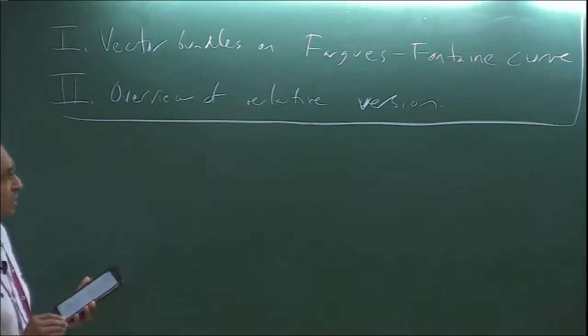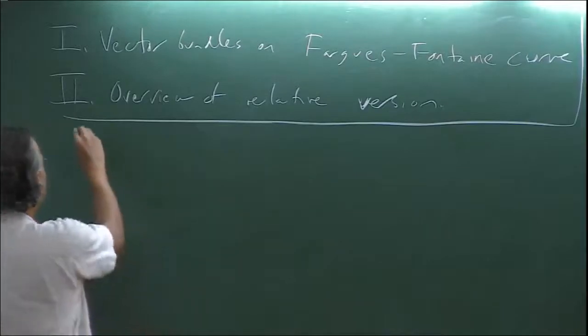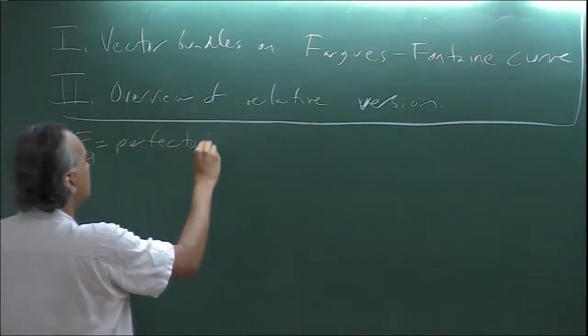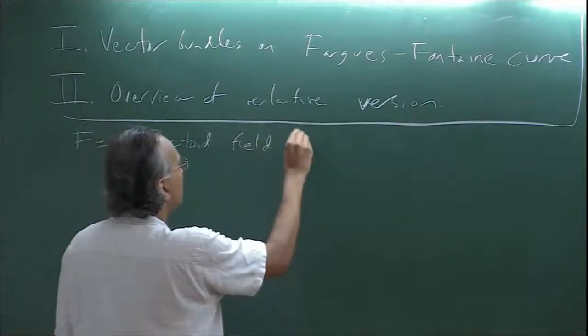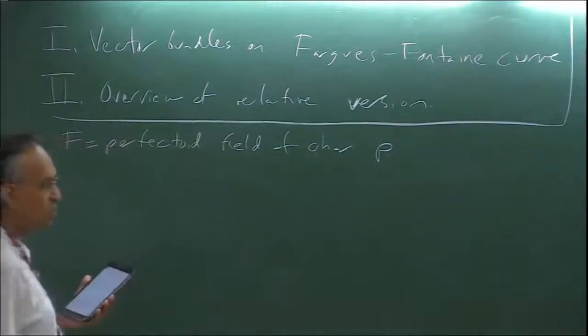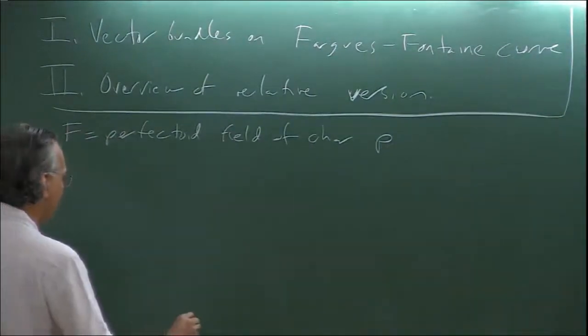So first, let me quickly recall what happened last time. I defined, out of a perfectoid field of characteristic p, which I'll continue to call F, two closely related spaces, the schematic and adic Farb-Fontaine curves.